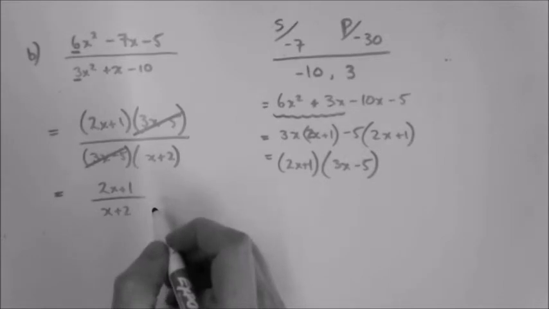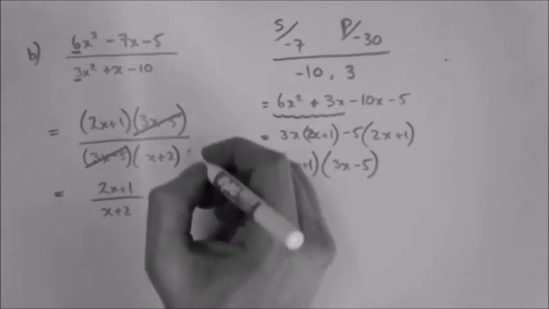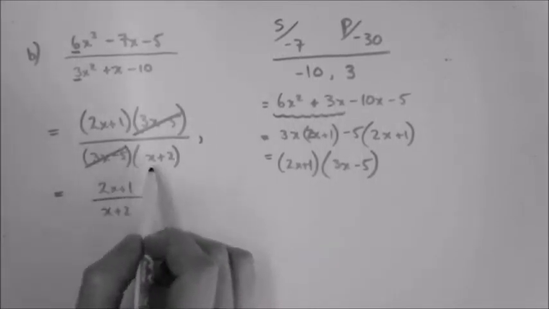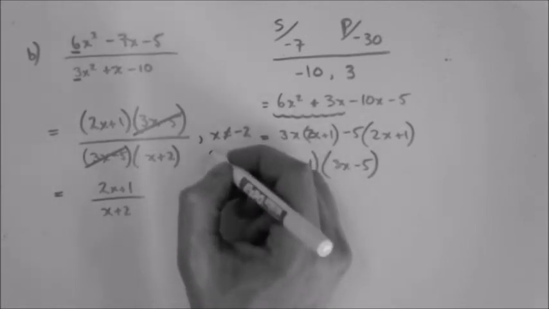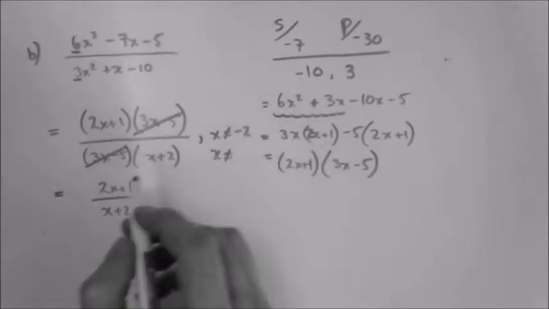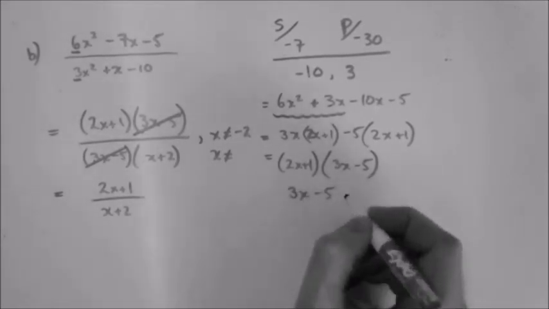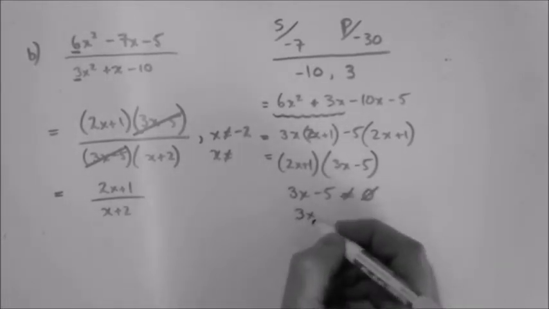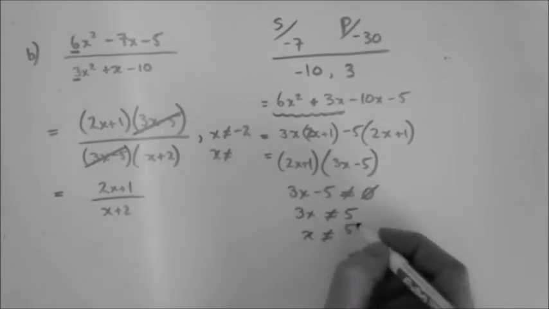So we know x can't equal negative 2, and actually a really good way to do it, guys, is in this step, while it's still all here and you have both of the factors in the denominator, just say, okay, x can't be negative 2, and the other one is a little bit trickier, but we could do that work off to the side again. 3x minus 5 can't be 0. 3x can't be 5. x can't be 5 over 3.